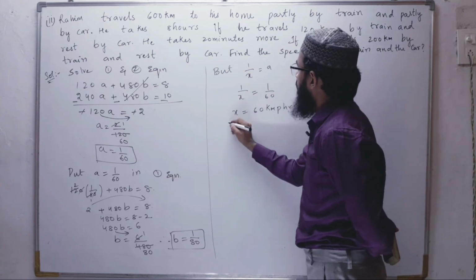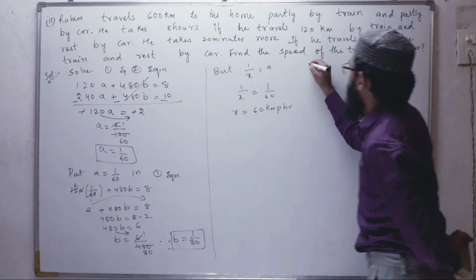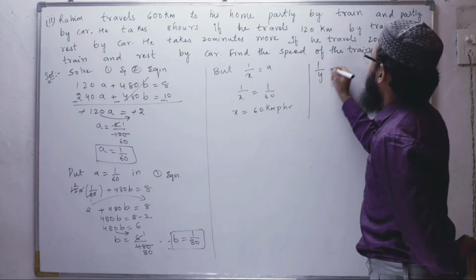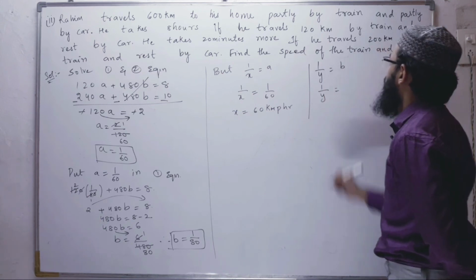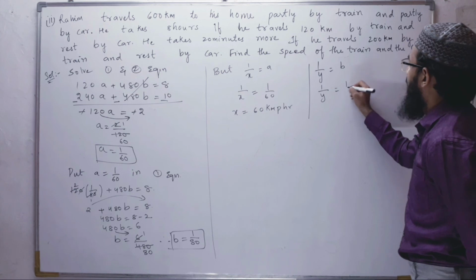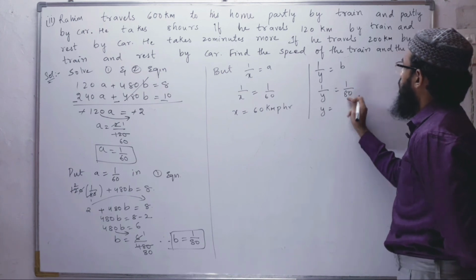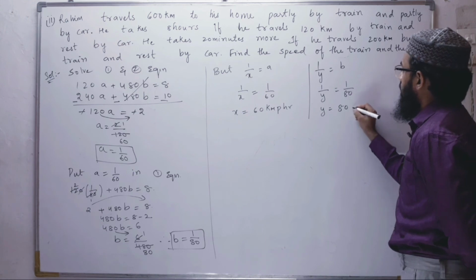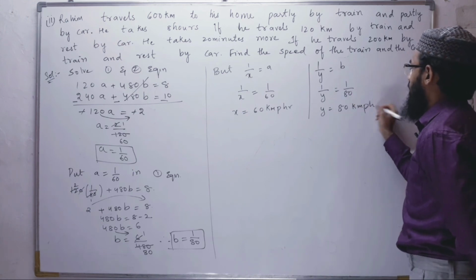Next, we know that 1 by y is equal to b. So 1 by y is equal to 1 by 80. So y is equal to 80. Writing the reciprocal, it is 80 kilometers per hour.